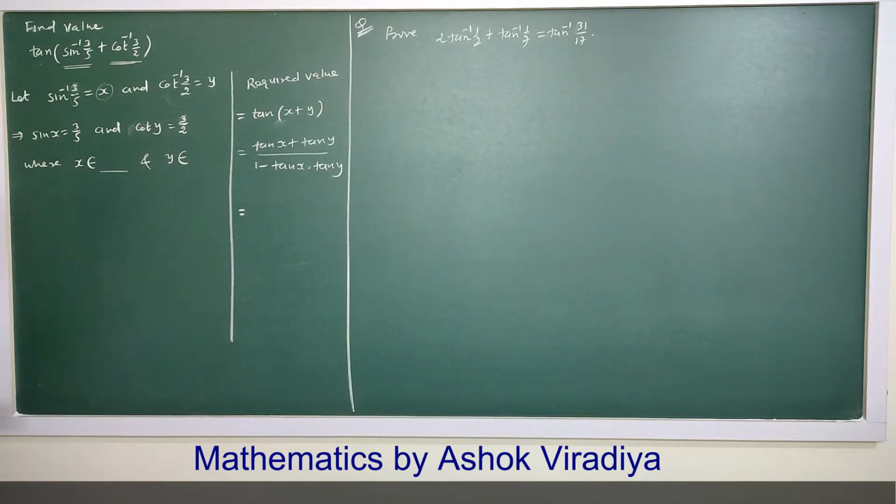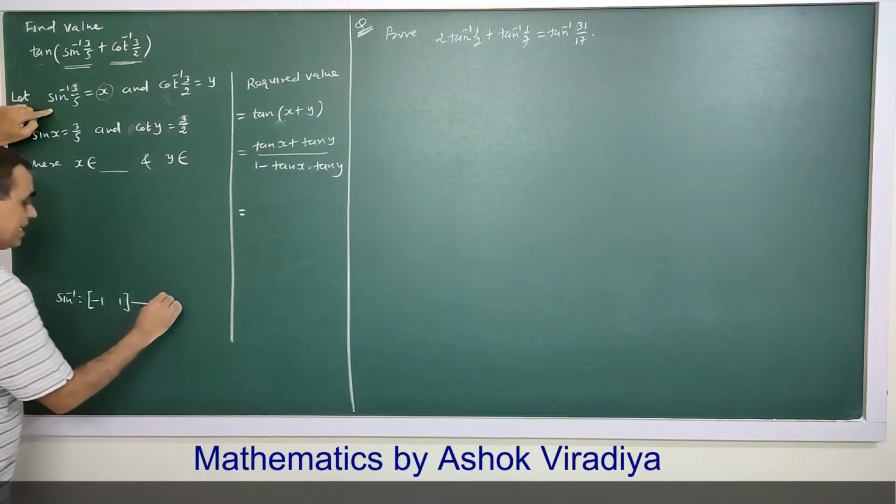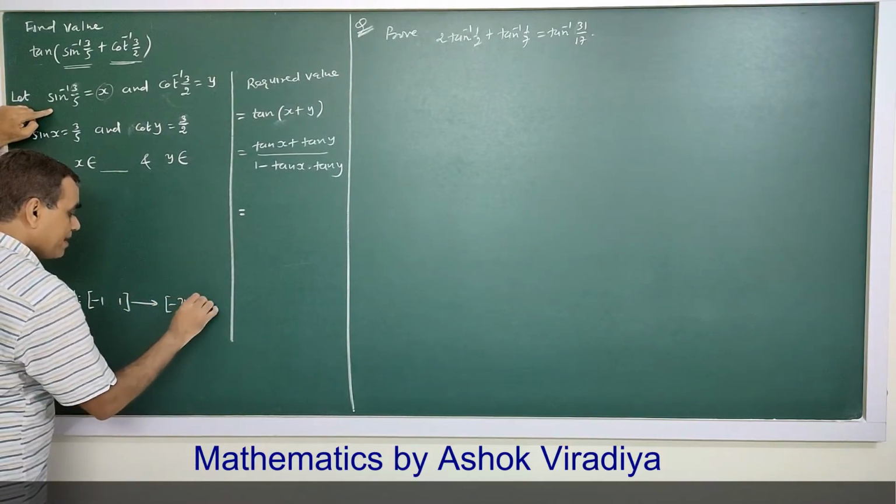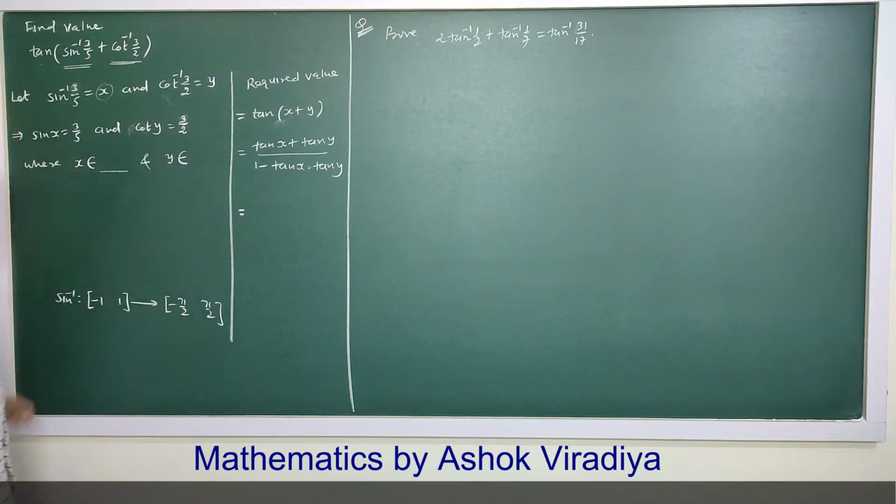See, explaining here, sine inverse, its domain is -1 to 1 and codomain is -π/2 to π/2.